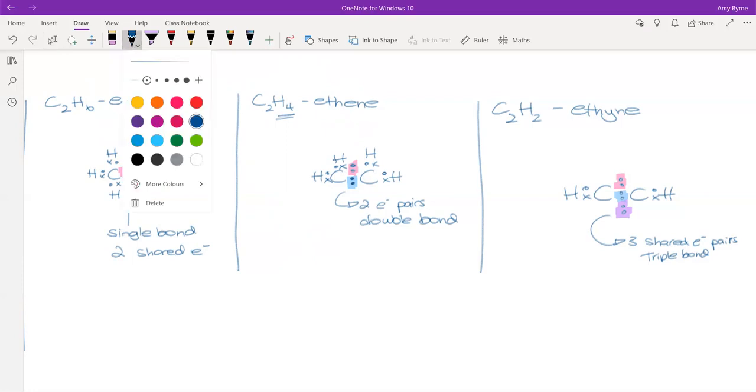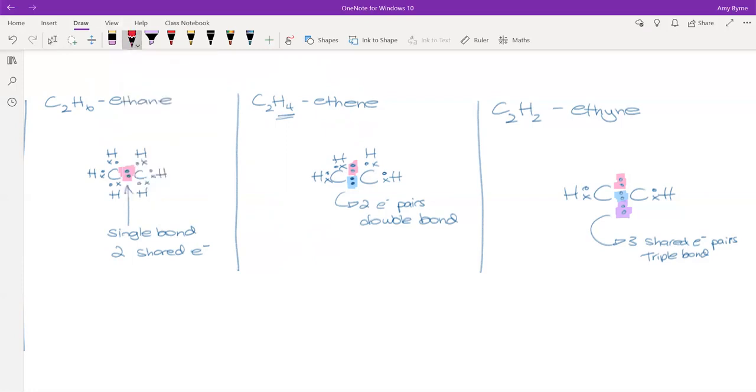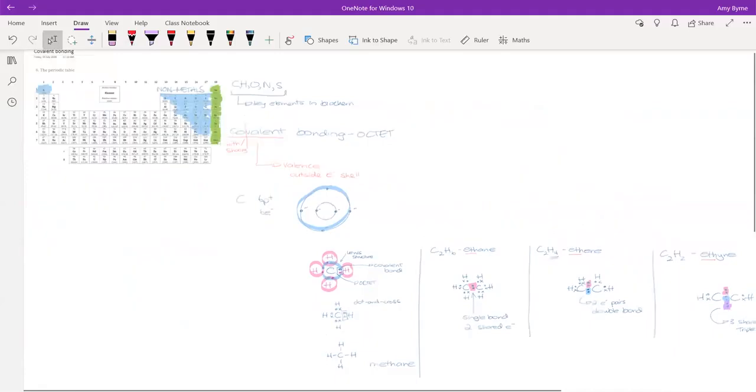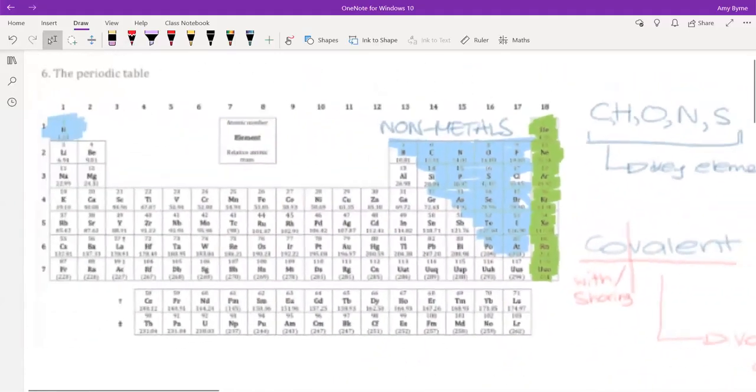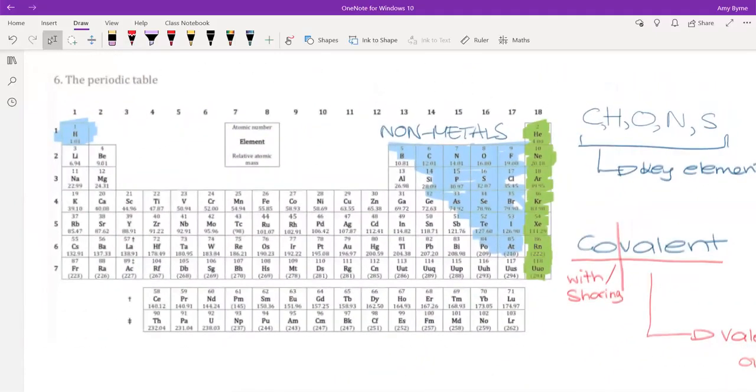For those of you who are paying attention, there is a similarity between these names. That is something that we will get into more detail in if you do year 11 and 12 chemistry. The key point for us to know today is that non-metals are the ones that do covalent bonding, so the ones in this top right-hand corner of the periodic table, plus hydrogen.